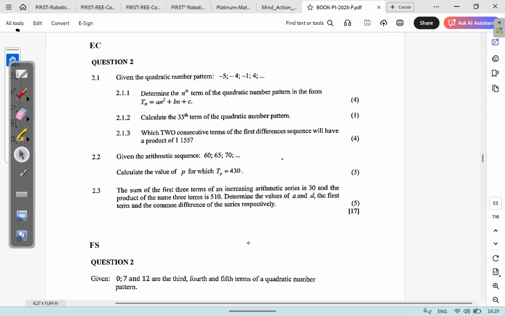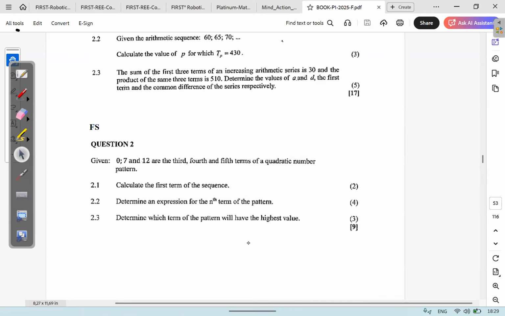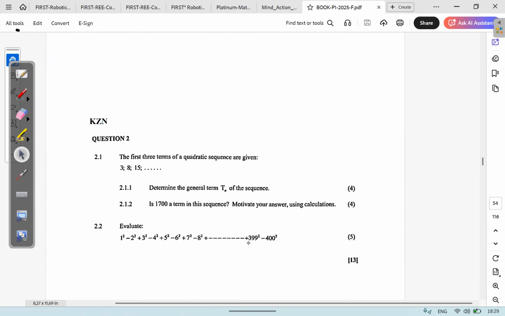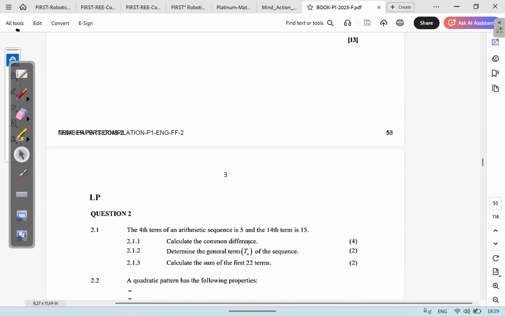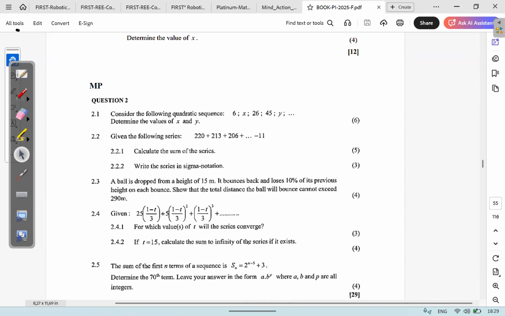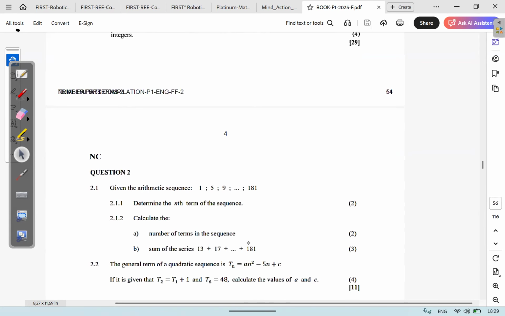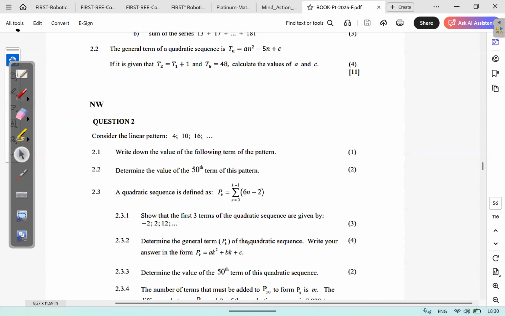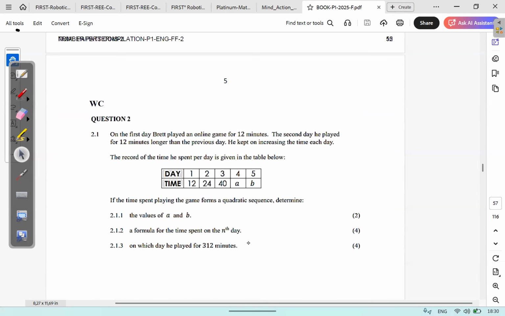Again, you should see my screen. I hope you still remember, by the way, your sigma notation.